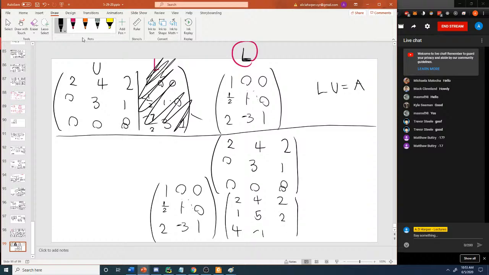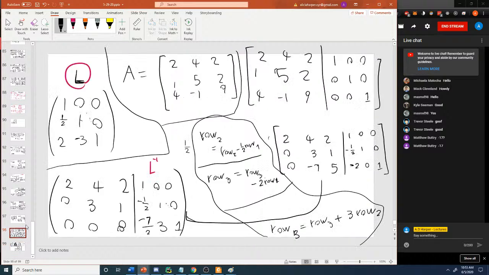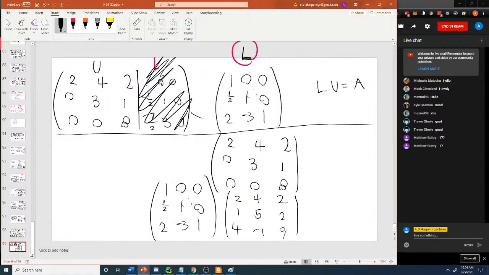And this column by this row, I will get 2 times 2 minus 3 times 1 plus 1 times 8, I get 9. And this is exactly the matrix we started with. Okay, so that is how you form the LU decomposition, where L times U is equal to A.